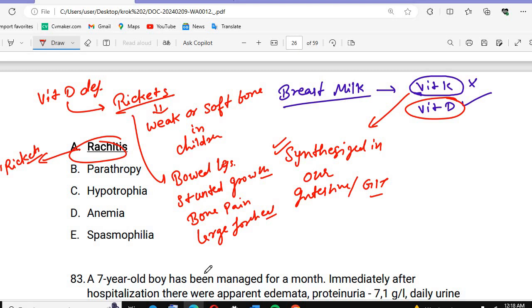But once the pathway has been established and the breast milk is going inside, our body adapts, and after some time our body synthesizes the vitamin K, so it will not be a deficiency factor.